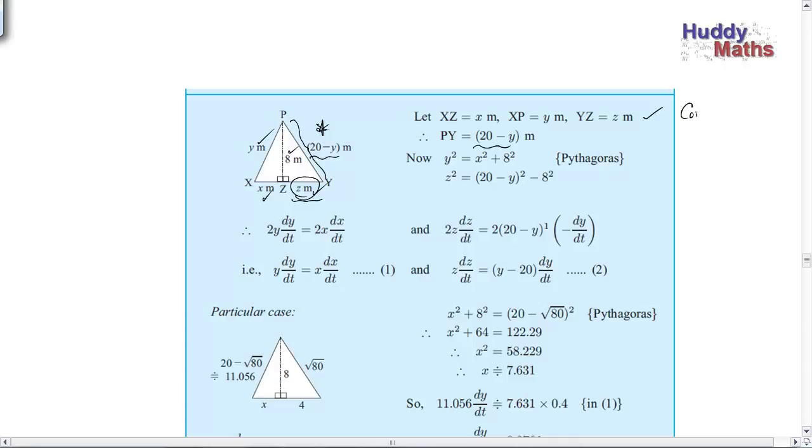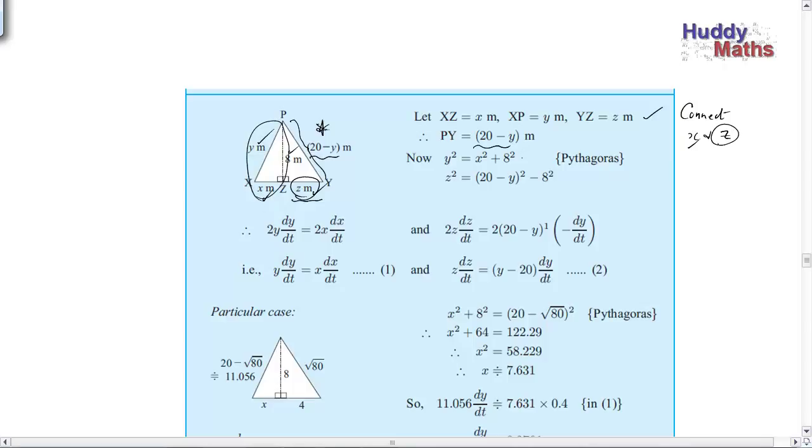So our connection really is to connect x and z, but it's a go-between problem, isn't it? Because we can connect y and x, and then y and z, but we can't connect x and z easily.